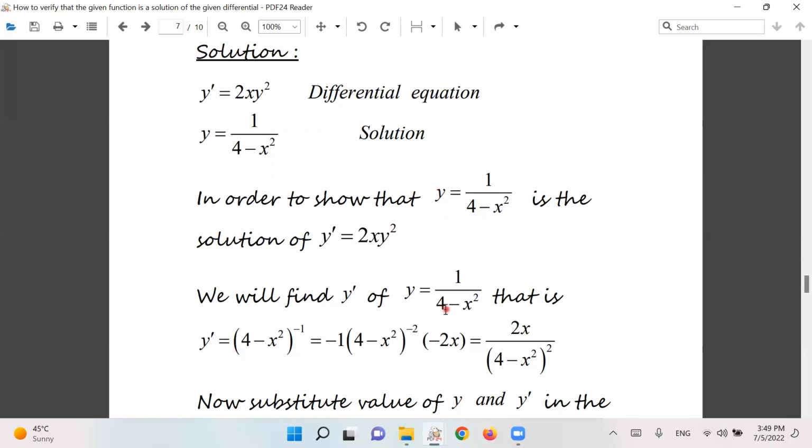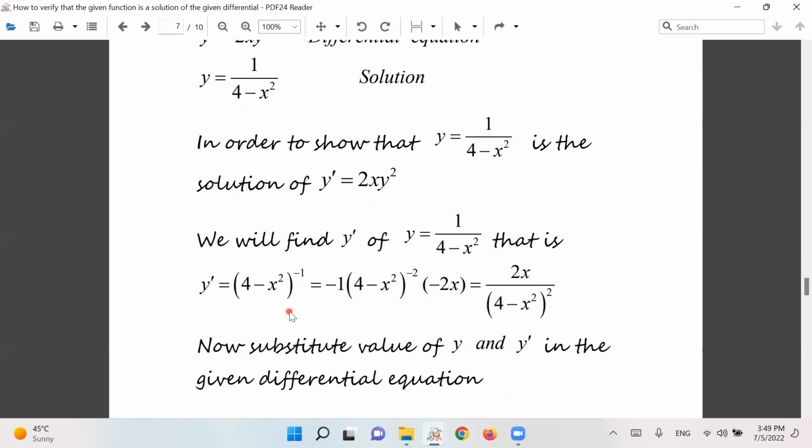So for the derivative of y, first we will take this term as a power of -1 because it is in the denominator. When we take it to the numerator, it becomes -1. And then we take the derivative: -1 will be coming here, and then -1 and -1 becomes -2.